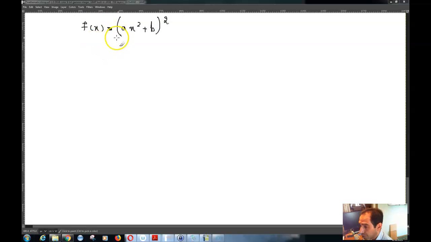is that we can write this as, basically, the same thing as a plus b raised to the power 2, which is equal to a squared plus 2 times ab plus b squared.